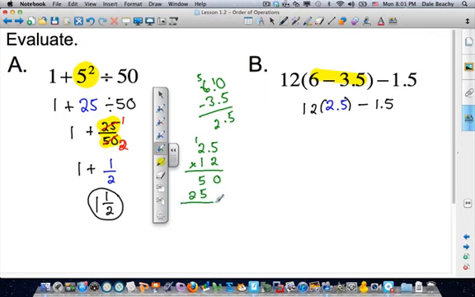I'm going to add the intermediate products. Now remember, when you're multiplying factors that contain decimals, the rule is multiply, then count. So I'm going to multiply, I'm going to count the decimal places, I'm going to move that number over in the answer. So the result is 30.